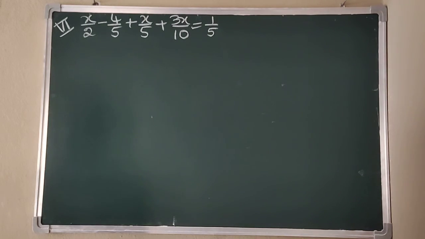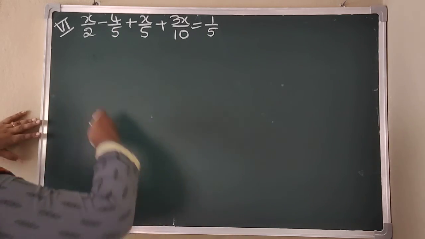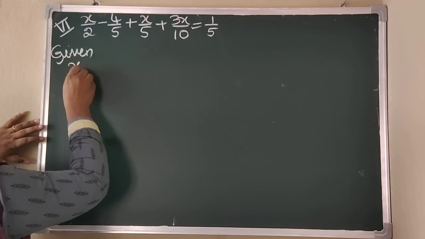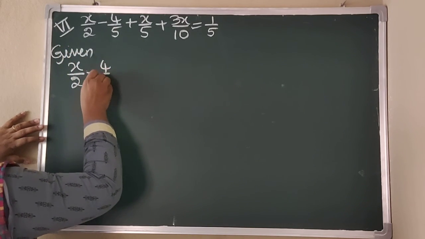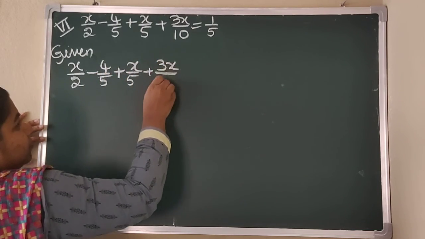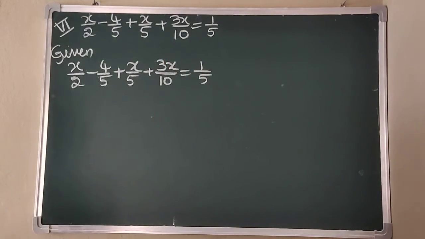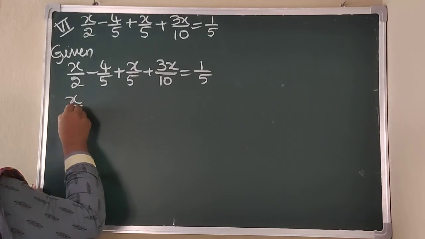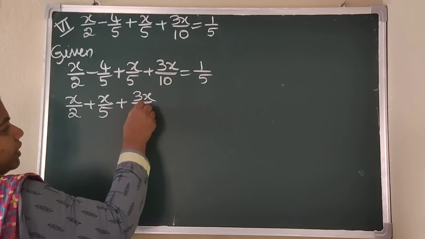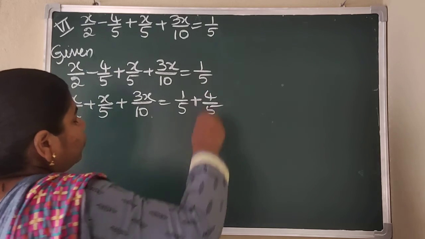For finding the x value, I will transpose this minus 4 by 5 to the other side. That will become plus. So x by 2 plus x by 5 plus 3x by 10 is equal to 1 by 5 plus 4 by 5.